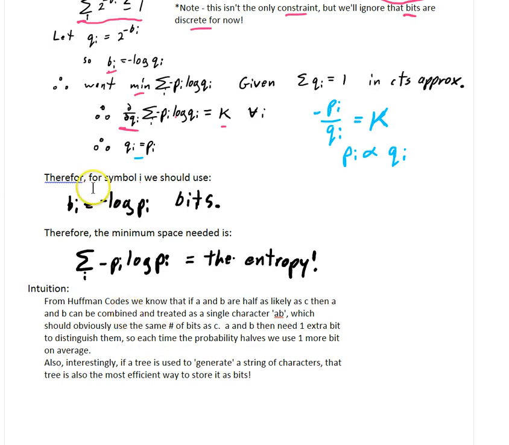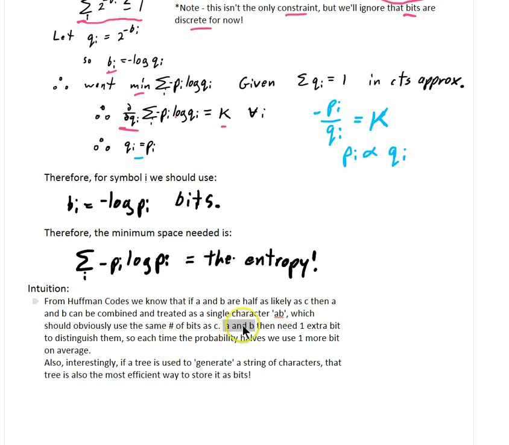Now, an intuition for what's going on here is, say A and B are half as likely as C. Then, in the way that you derive Huffman codes, you can combine A and B and treat them as a single character, AB, which is now just as likely as C. So, obviously we should use the same number of bits for the character AB as for C. And then, to distinguish between A and B, you need one more bit, right?